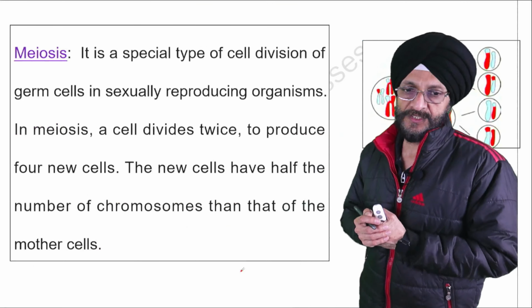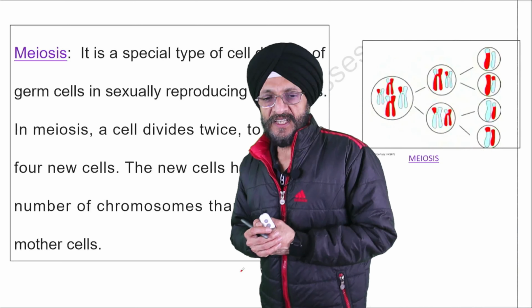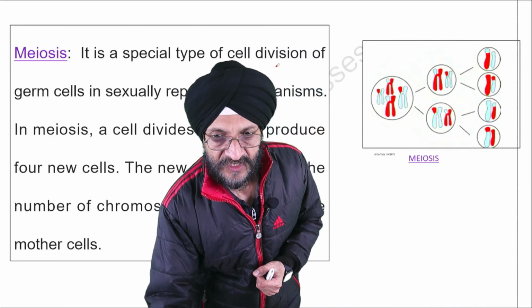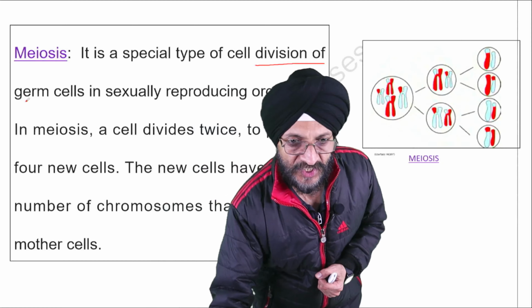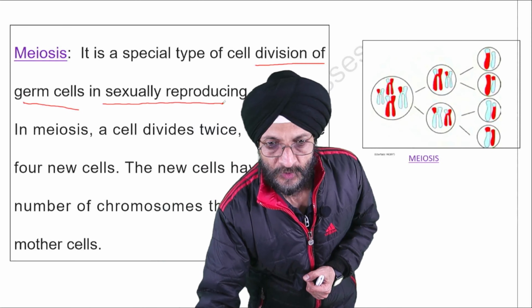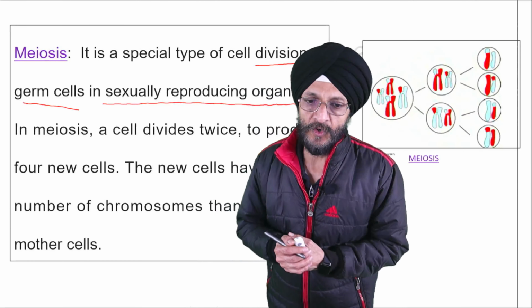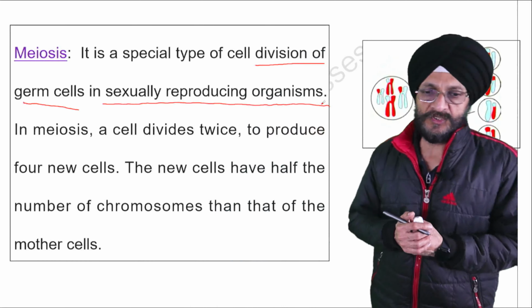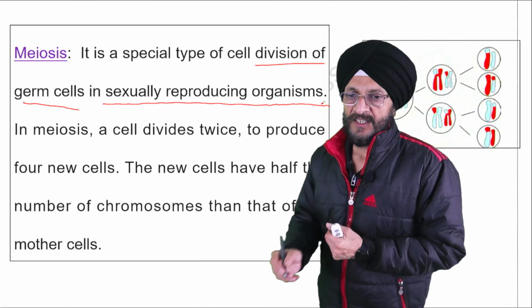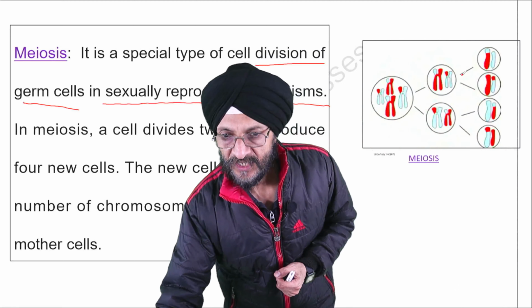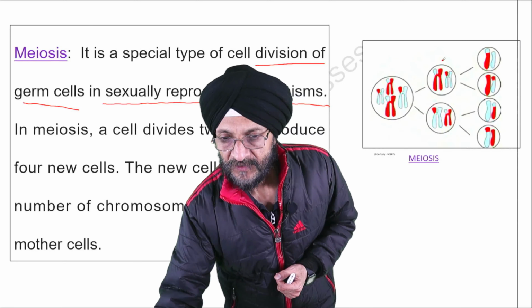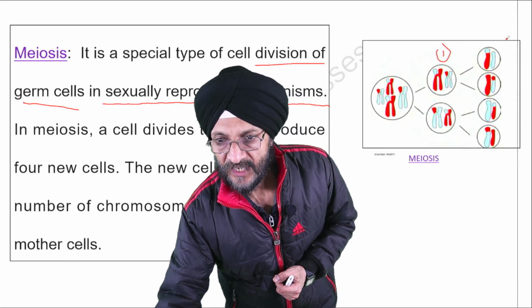Now, meiosis. It is a special type of cell division of germ cells in sexually reproducing organisms. In meiosis, a cell divides twice. You can see here that a cell has divided first this, second time this.